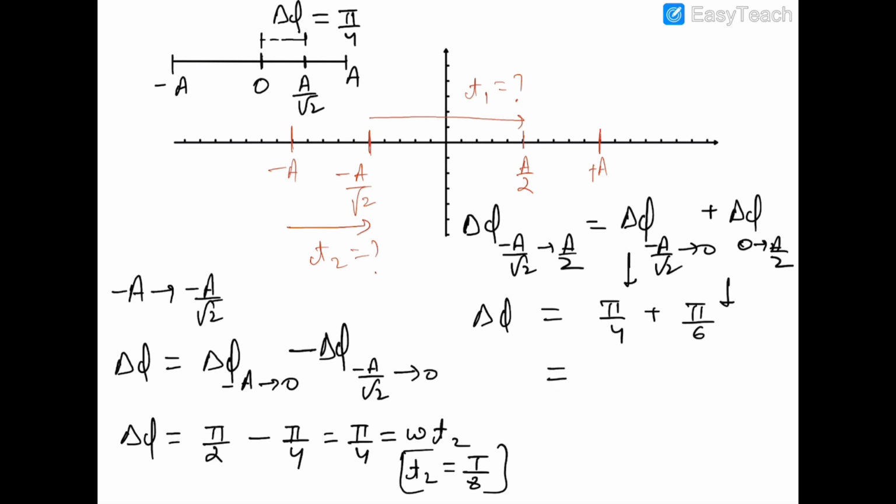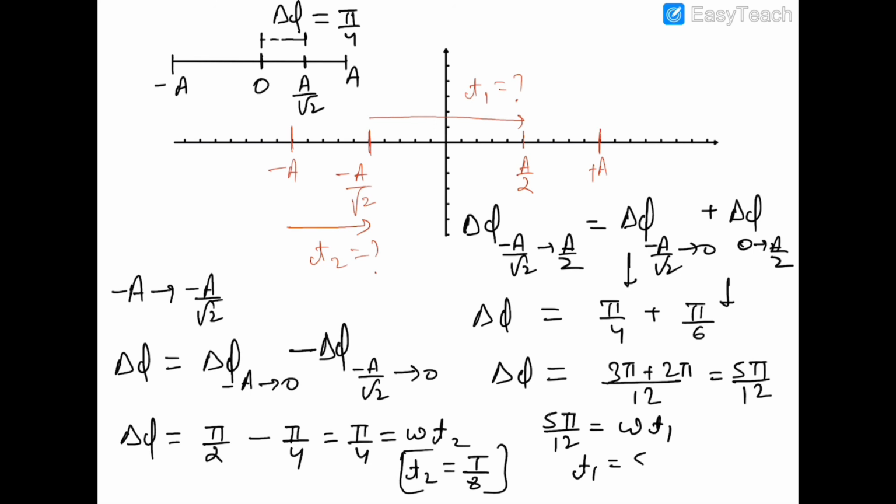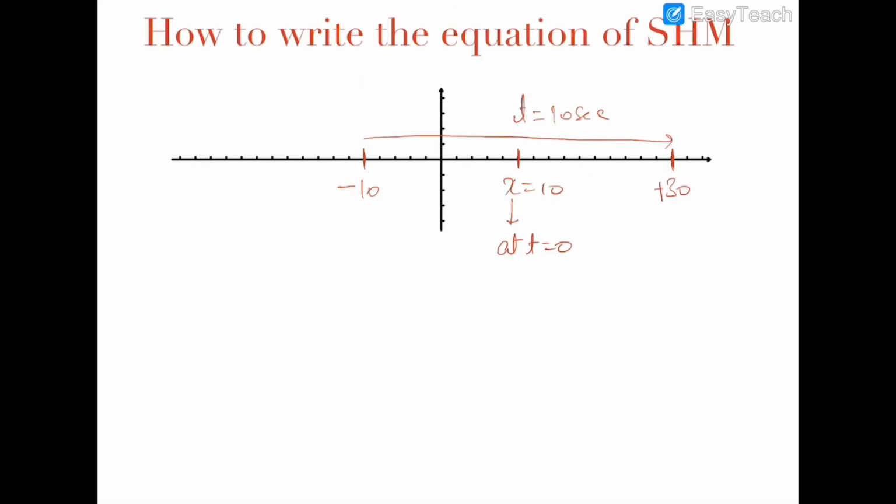So the total change of phase is, with 12 as the common denominator, 3 pi plus 2 pi, so this is 5 pi by 12. So if 5 pi by 12 is equated to omega t1, then t1 will be equal to 5T by 24 seconds. So this is the time which the particle takes to move from minus a by root 2 to a by 2. Thank you.